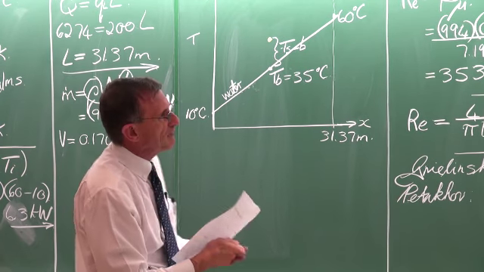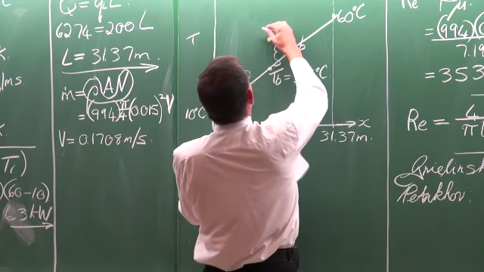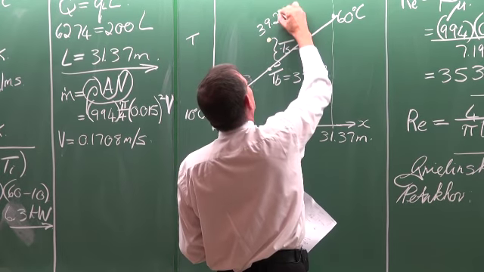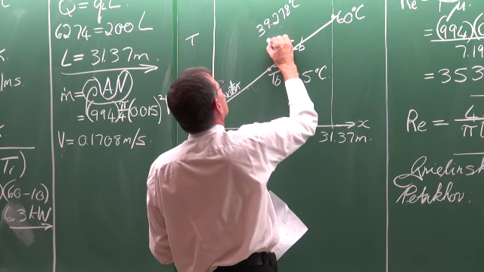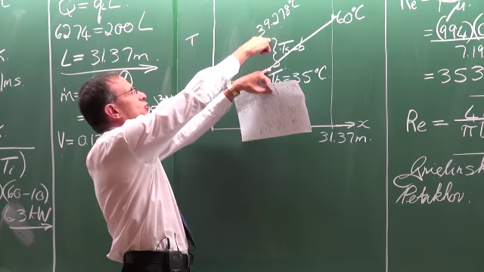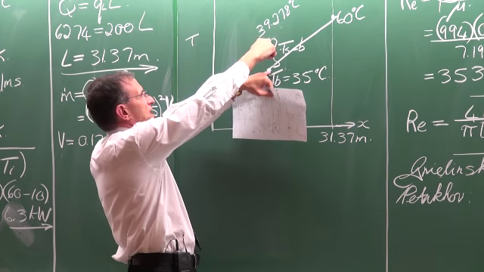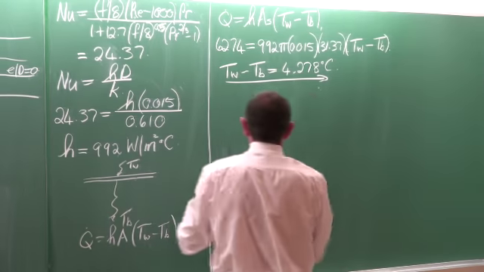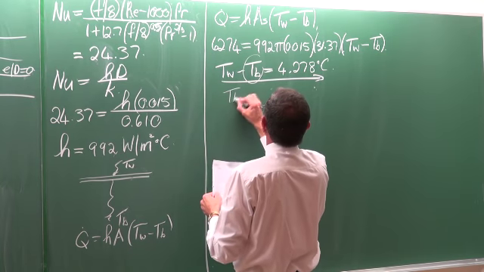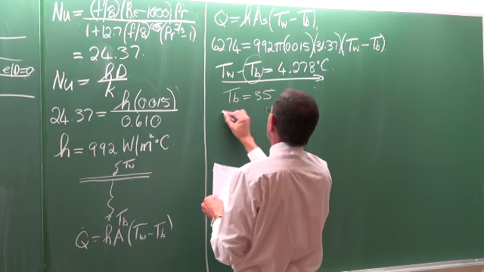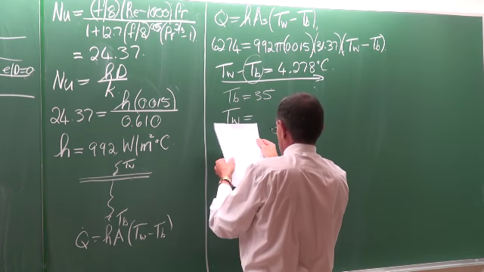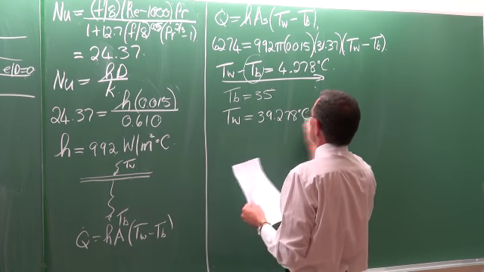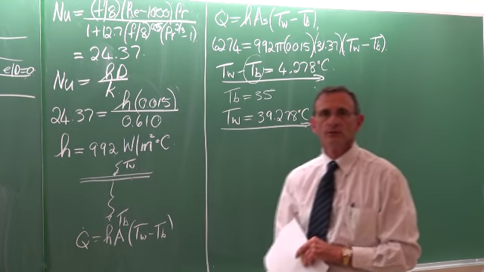So it is equal to 35 plus 4, so that temperature would be equal to 39.278. That would be the delta T. If the bulk temperature T_bulk is equal to 35, we can solve the wall temperature as 39.278 degrees Celsius.